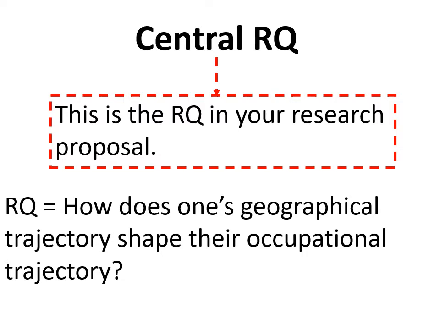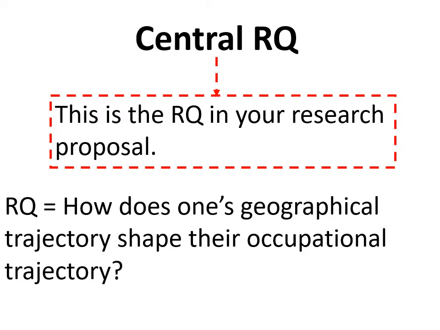To come up with an example for this that's easy for me to riff off the top of my head, I'm coming up with a question here that's been one that I've been interested in over the years, but haven't been able to do much work on directly. My research question is, how does one's geographical trajectory shape their occupational trajectory?